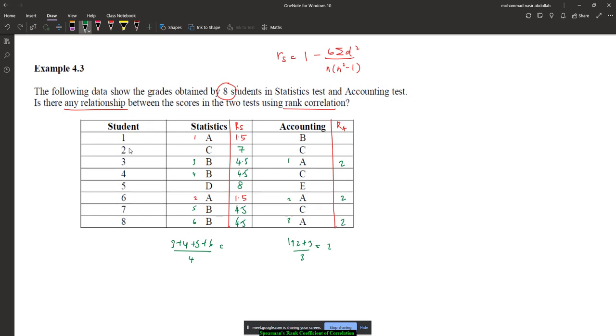Then B, we have only 1, so this is going to be 4. And for C, this is 4. C, we have 5, 6, 7. So C is 5 plus 6 plus 7 divided by 3, which is equal to 6. And this is going to be 8.